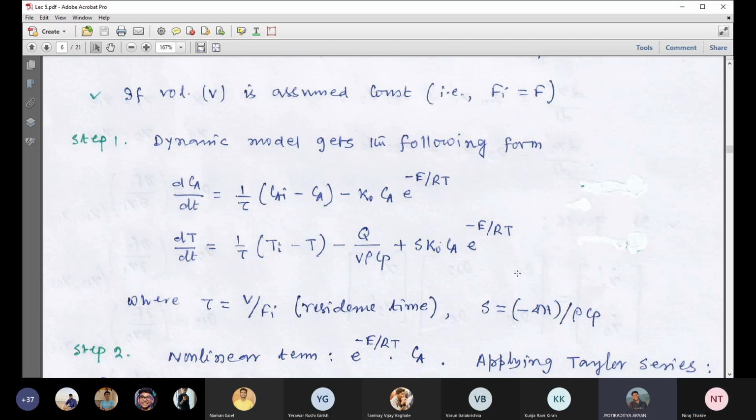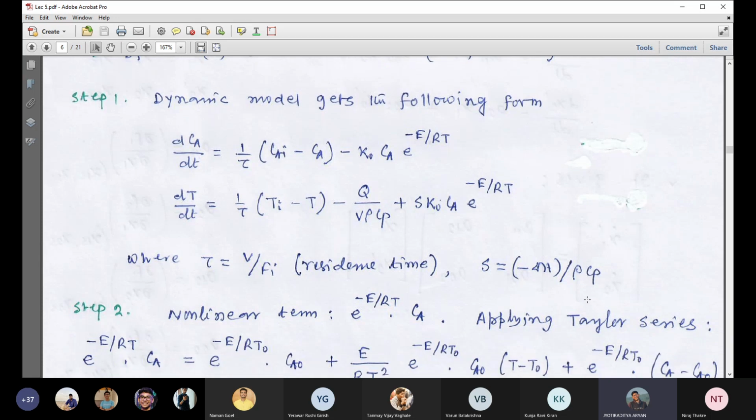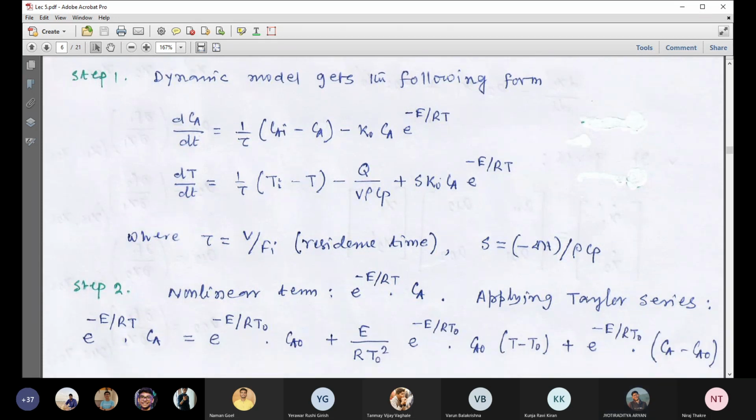And then again the same term would be multiplied with CA, T minus T naught, and then there would be again E by RT naught square. Correct. Yeah, you see it is matching or not. I'm showing now. Okay. Just let me know whether it is matching or not.